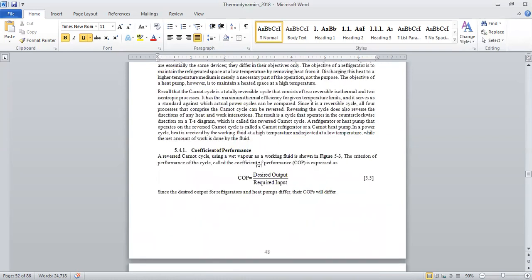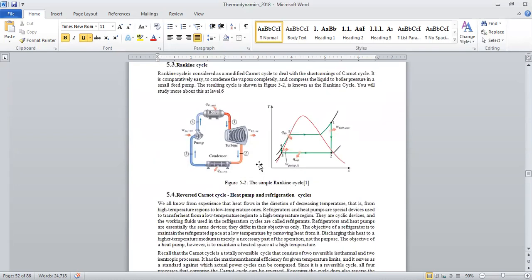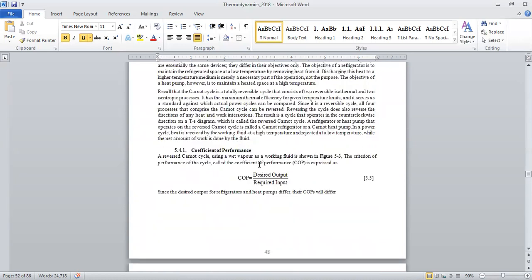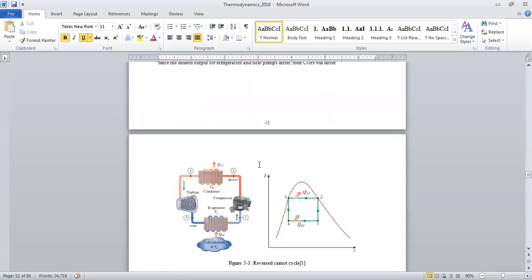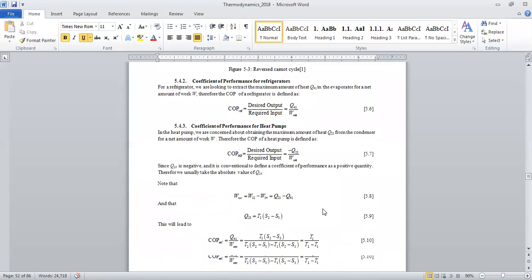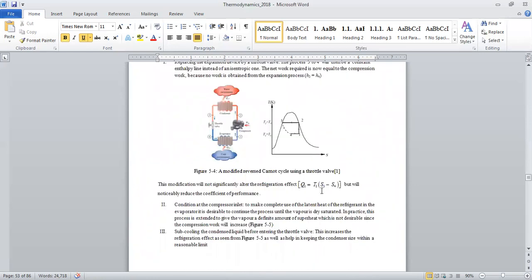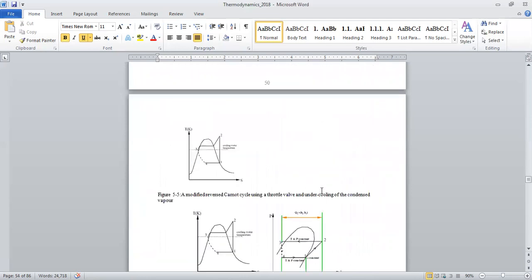Okay, and then reverse of this is the refrigeration. So you have the Carnot cycle here, and the reverse practical refrigeration cycle is, I think you have to refer the notes.